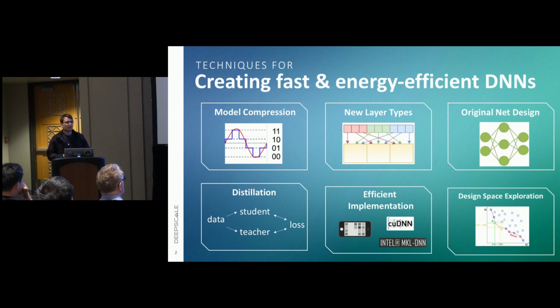Original net designs also tend to feed into model compression techniques, which may be automated or manual in the approach of how the compression parameters are chosen. Distillation: at least a common embodiment of this is that the goal is to train a very small network, which we call the student. We've got a teacher network that's probably larger and a bit more sophisticated that's already been trained.